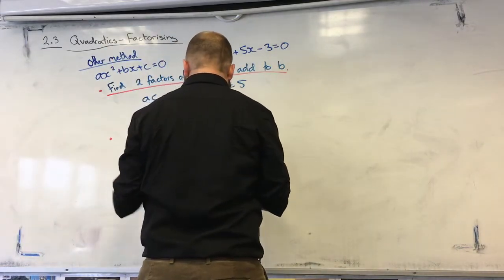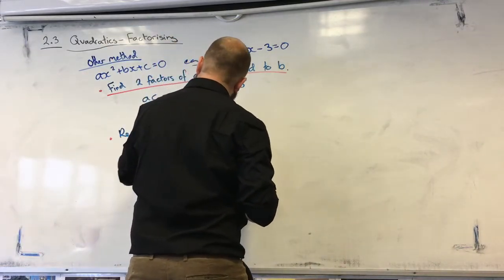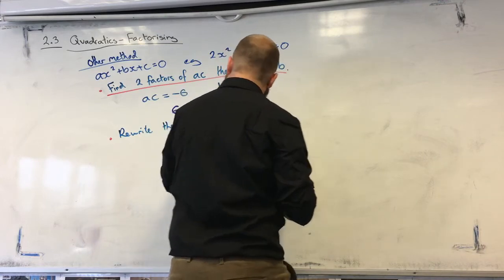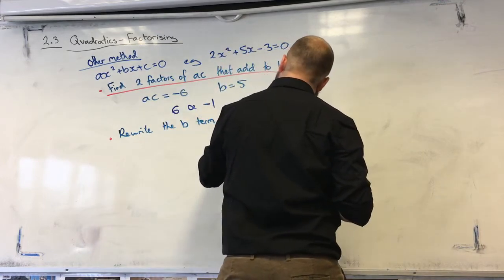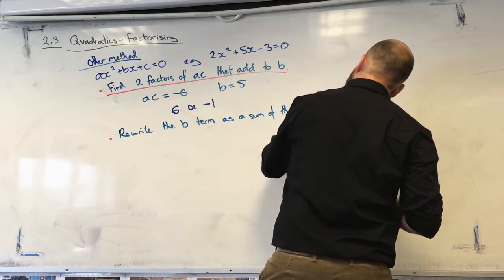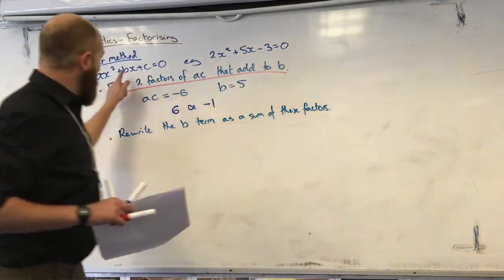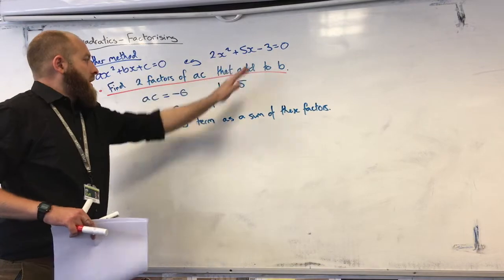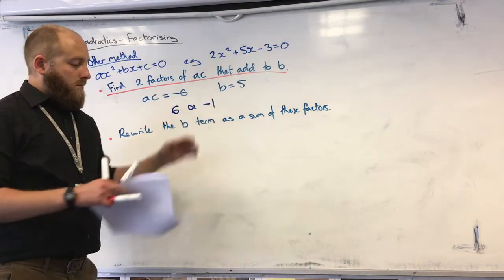Next step is rewrite the B term as a sum of these factors. So we're going to rewrite the B term, which here is 5, as a sum of 6 and minus 1.